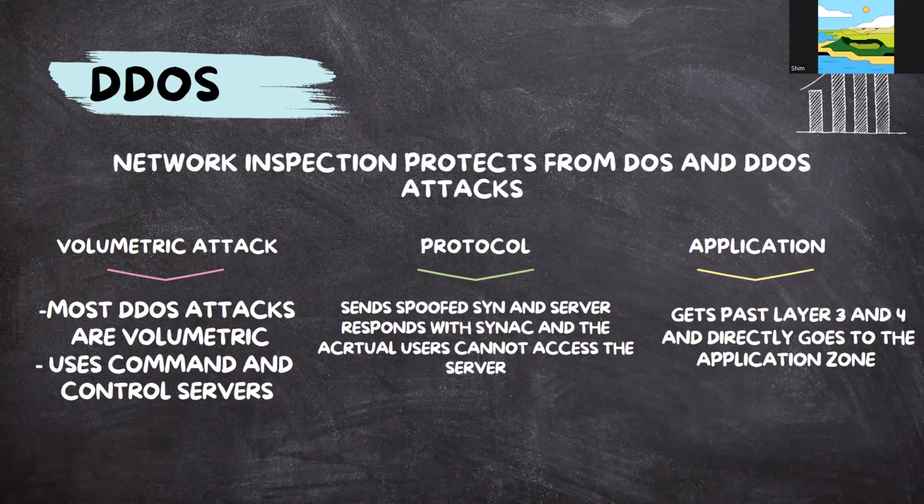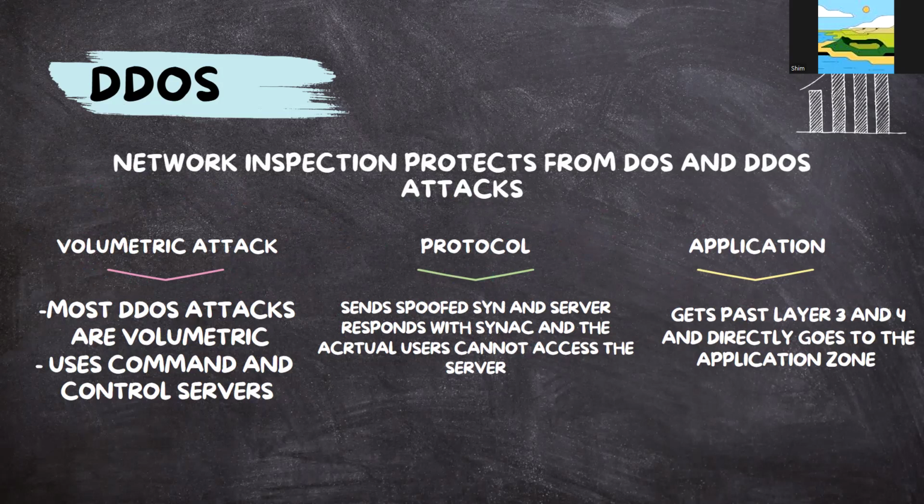So that is DDoS, and there are mainly three types of DDoS attacks: volumetric attack, protocol attack, and application attack. Now I'm going to talk mainly about the volumetric attack. Volumetric attack accounts for 65% of all the DDoS attacks, so it should be the most familiar DDoS attack.